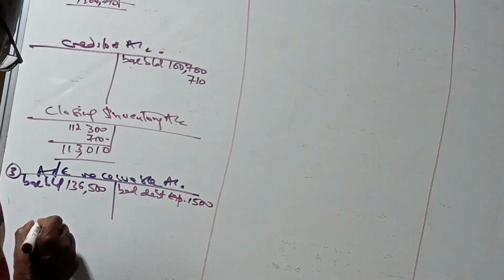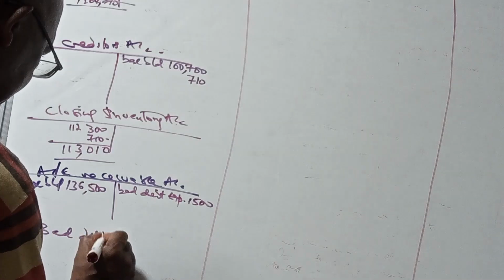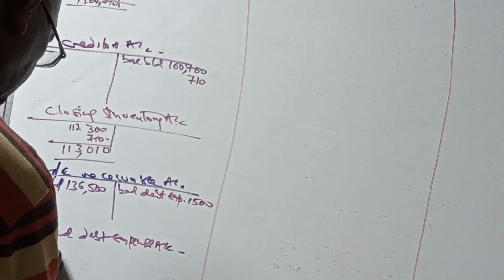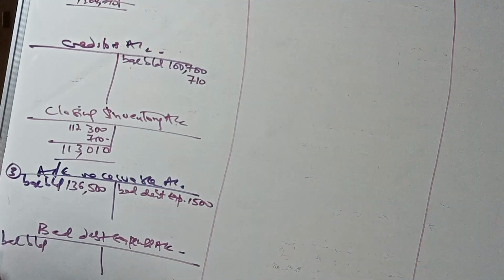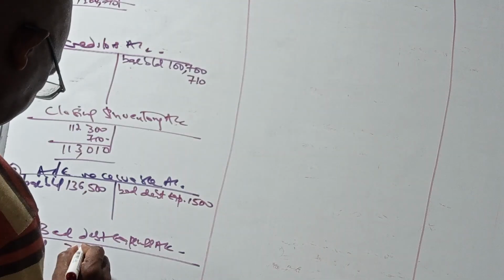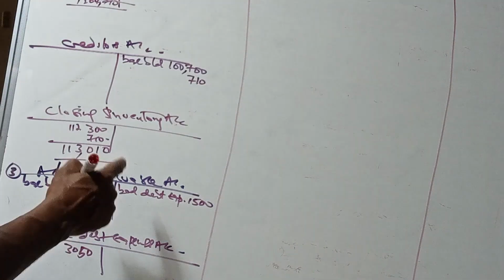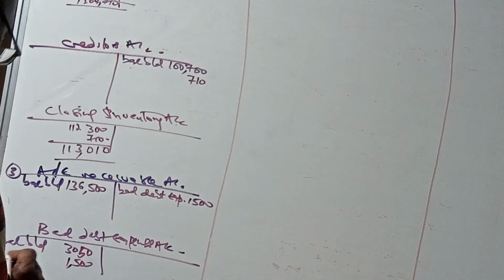And we have the bad debt expenses account. If you go to the trial balance, you get the balance brought down of bad debt expenses. In the trial balance, it is 450, and therefore we add this 1,500, and you see it's coming from accounts receivable.